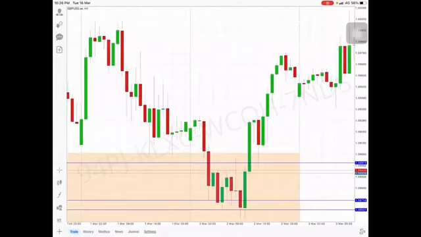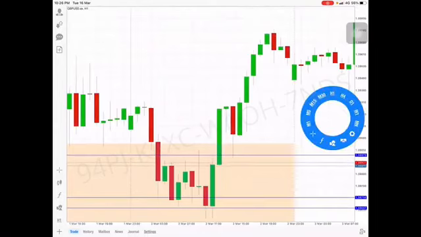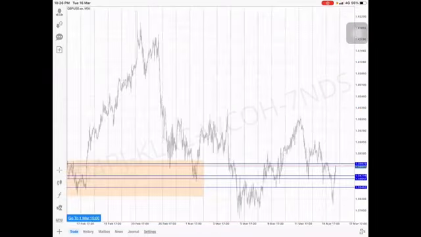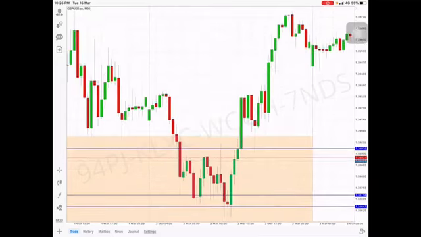Then we will go enter. You have a sideways pullback and you have sideways in the zone. What are you looking for now? Now you are looking for the breakout. You are looking for buy breakout.